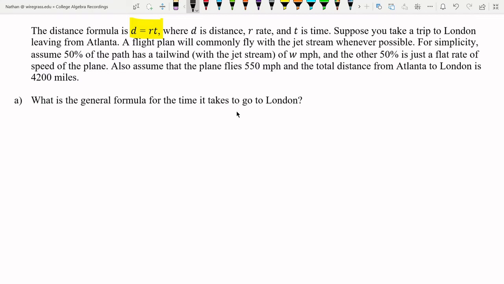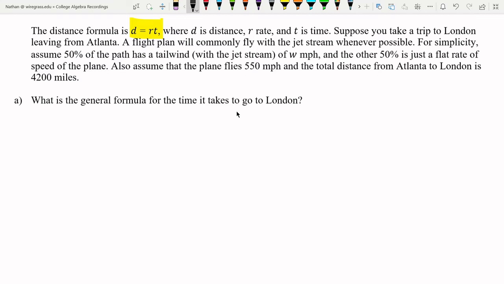The jet stream pushes along as long as it's a tailwind. So if it goes with the jet stream, it's got a tailwind, which means it pushes the plane faster, gets there sooner, uses less fuel.